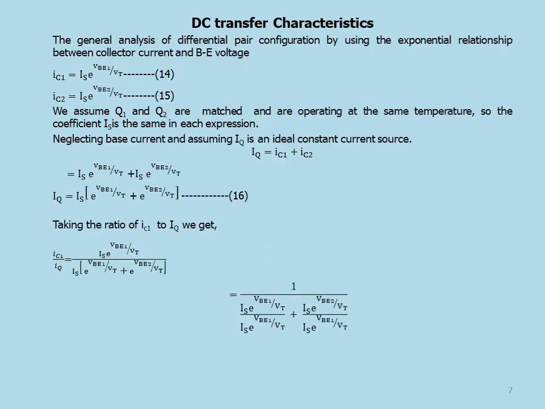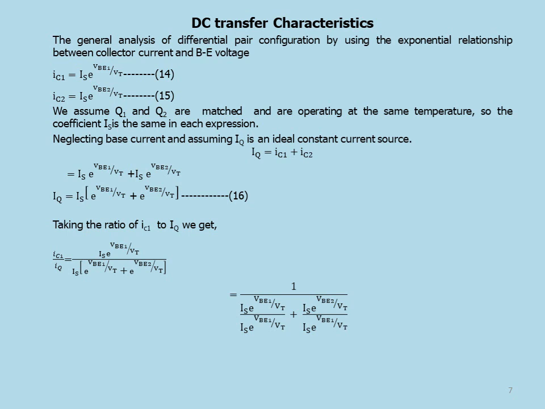Now let us go to another topic, the DC transfer characteristics. We see the DC characteristics of the transistors, so we can calculate the collector currents IC1 and IC2 as shown in equations 14 and 15, and the total collector current IQ is equal to IC1 plus IC2.